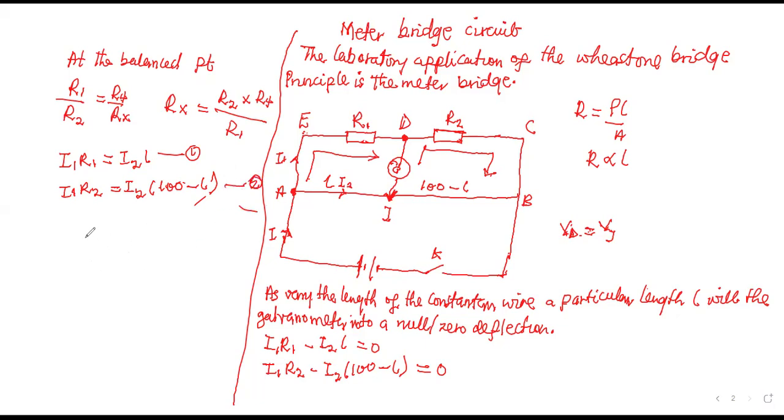So when we take the ratio of equation 1 and equation 2, we'll have R1 over R2 is equal to L over 100 minus L. Therefore, assuming R1 is unknown or R2 is unknown, you can easily determine R1 or R2.